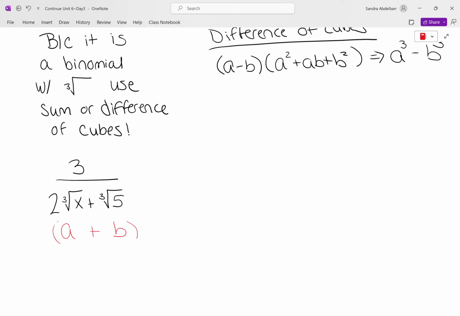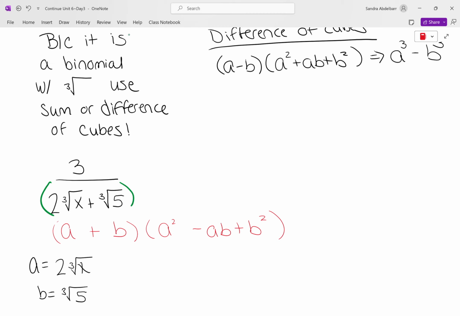So if I have a plus b, I'm going to multiply that by a squared minus ab plus b squared. In this scenario, my a is 2 times the cubed root of x, and my b is the cubed root of 5. So I'm going to take this binomial and multiply it by the trinomial.